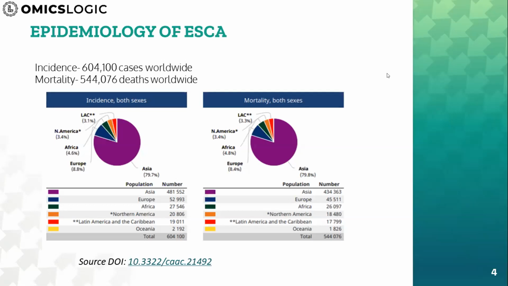These figures are quite high, and they indicate the need for new therapeutic, diagnostic and prognostic interventions for treating this disease. This whole idea is the reason why I'm undertaking this project.